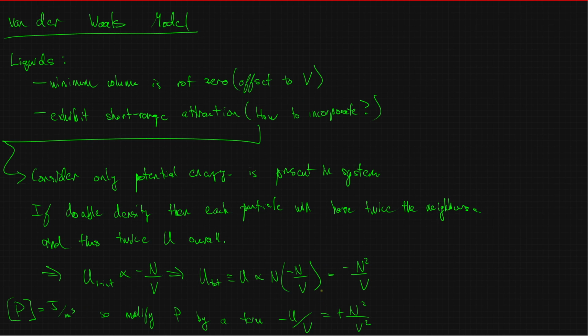So the van der Waals equation looks like this, just making those modifications. It looks like P plus a piece that takes into account the short range attraction, times the now modified V, which takes into account the fact that we don't want there to be a possibility of going to zero volume, equals NkT.